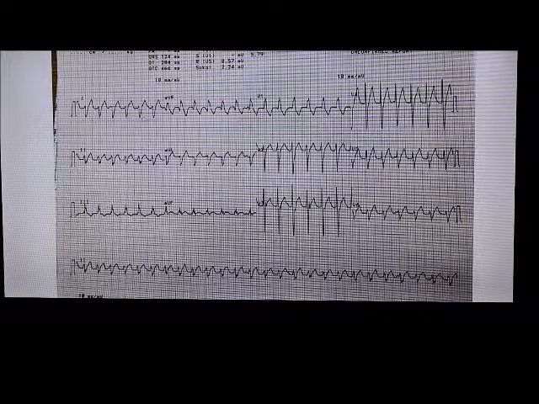This one. Any signs of AV dissociation? Because this is what would confirm it for you. You sure? Look. AV dissociation, you need to look very carefully, and sometimes, as we said, you need to take more and more strips, print more than one ECG, just to look for it.